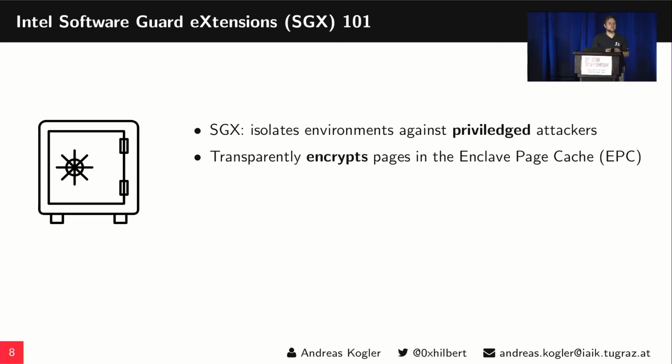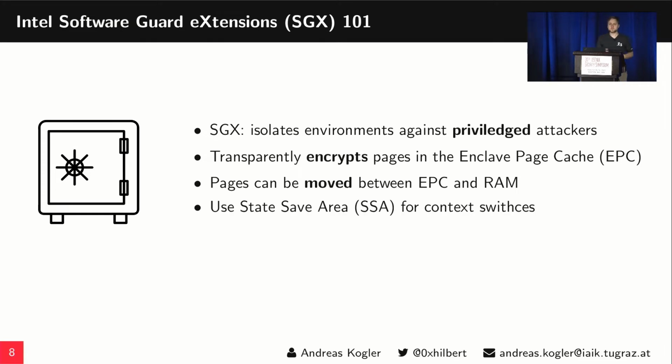It has one feature, which is called transparent memory encryption, and it uses the enclave page cache, the EPC for short. The idea is that all data you store in an enclave gets transparently encrypted in that EPC range. However, the memory and the pages are still managed by the operating system. So the operating system needs a way to control the pages of an enclave.